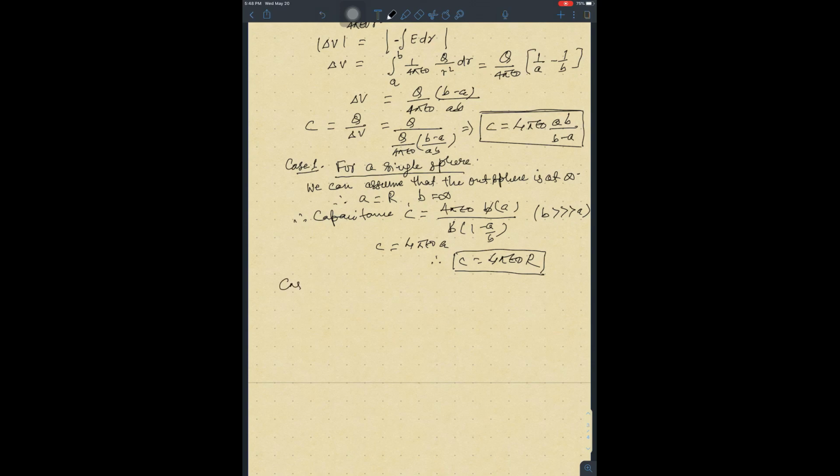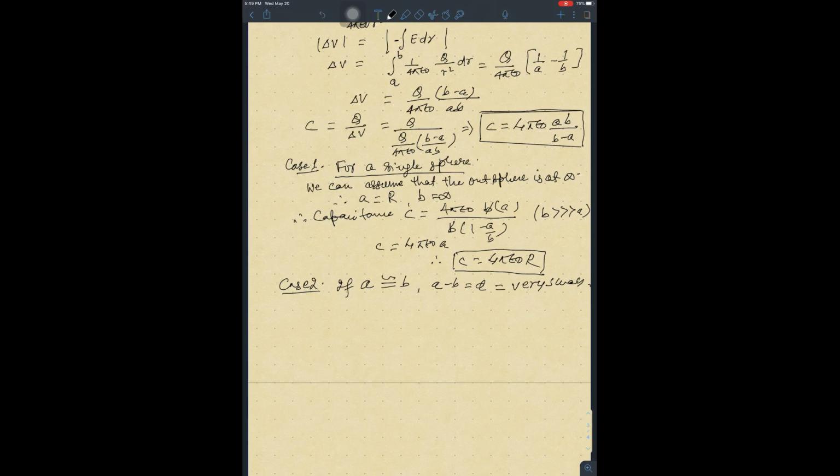Now take the second case. Case 2 we are taking when A is approximately equal to B, and B minus A is equal to D, that is very small. In this situation, the two spheres are very close to each other.